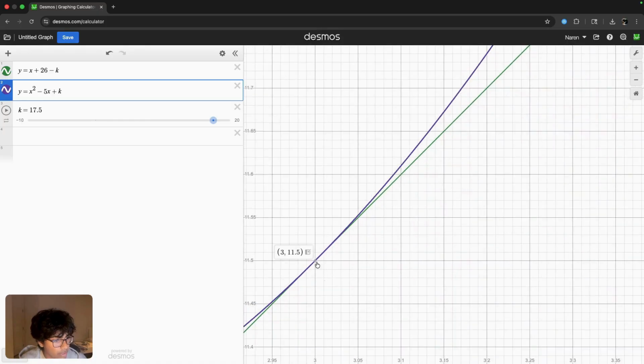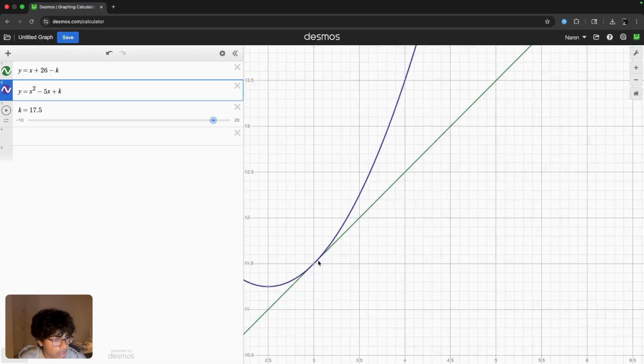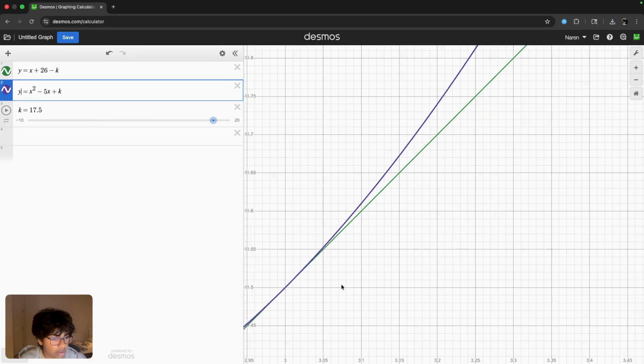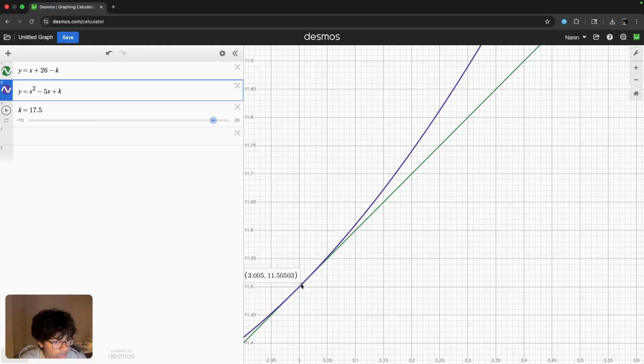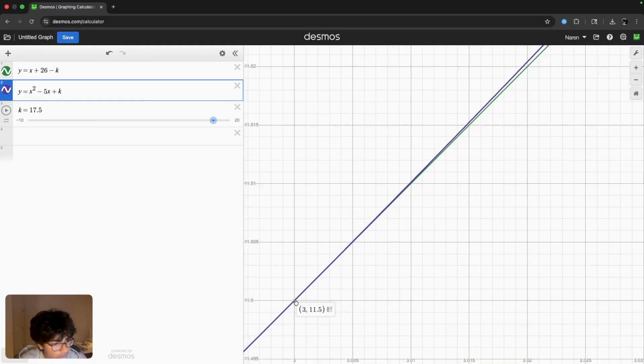Right there. See the dot? It's connecting there. If there's a white dot, it means something is happening there. And as we just saw, there is in fact a white dot there. So it was connecting at 17.5, right? So that means 17.5 is our answer for only one real solution.